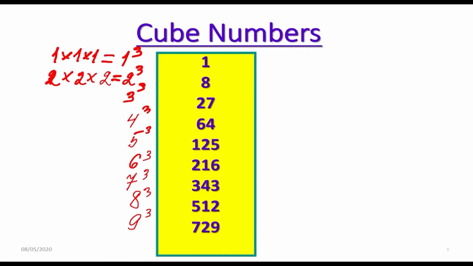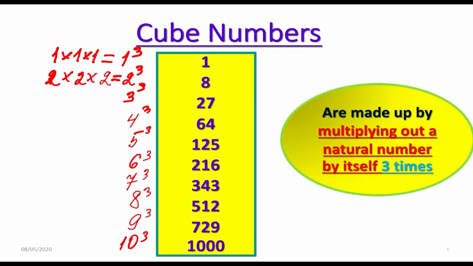And the last one in this list is 1000. You see the numbers increase tremendously. Again, you can keep going. There are infinitely many cube numbers, and this is not all of them.